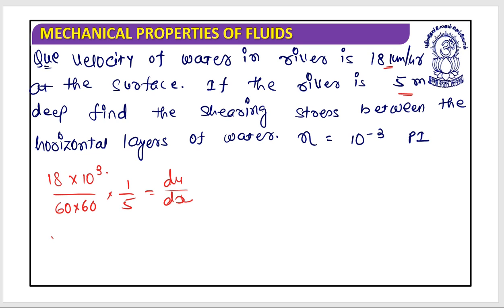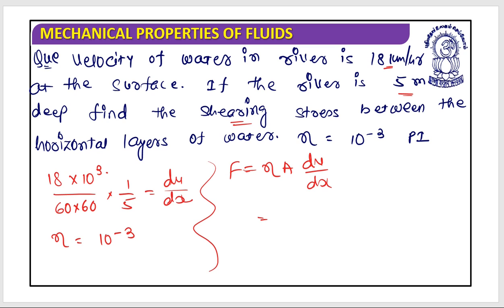And the coefficient of viscosity is also given, 10 to the power minus 3 poiseuille. So F is equal to eta into A into dV by dx, and they ask for the shearing stress. That means F by A is required, so it is eta into dV by dx.